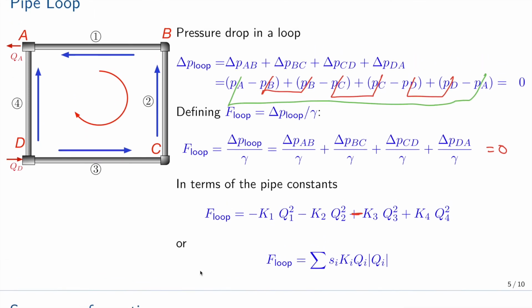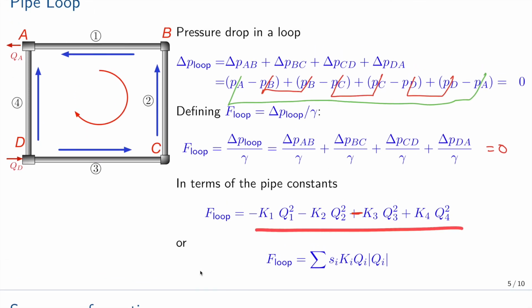Okay, so we can summarize this equation. The way to summarize it is like this: it is the sum of all the pipes in the loop. So S_i is actually the sign, so the sign that could be positive or negative.